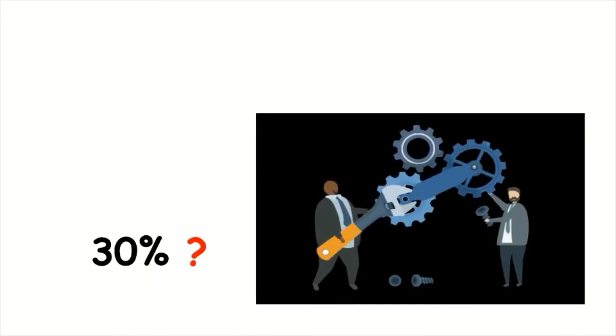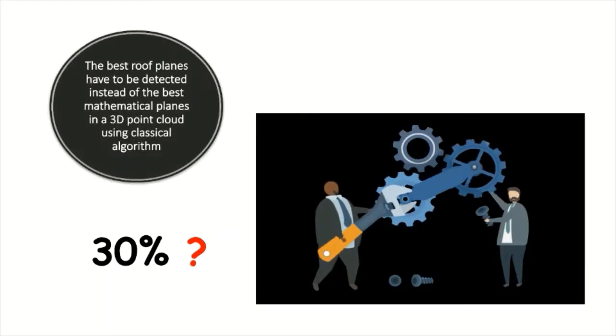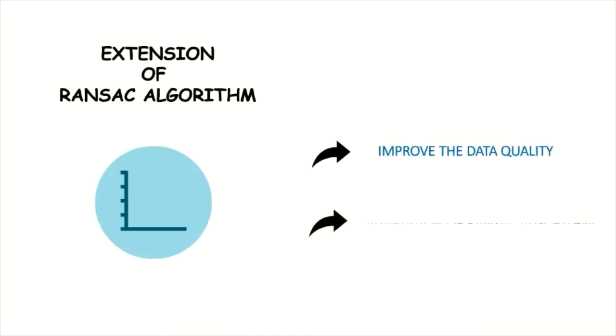This is because most classic algorithms detect the best mathematical planes rather than the best roof planes. So we need to tweak the algorithm to detect the best roof planes. Extensions like improvement in data quality and adaptation of the RANSAC algorithm are done to increase the accuracy of RANSAC.